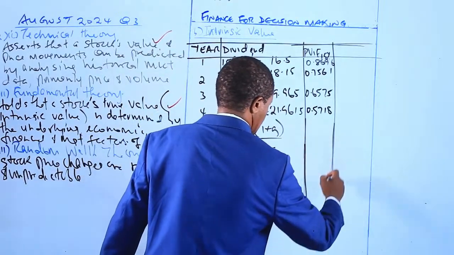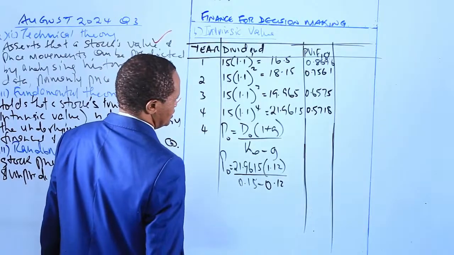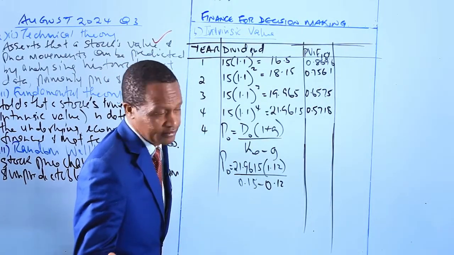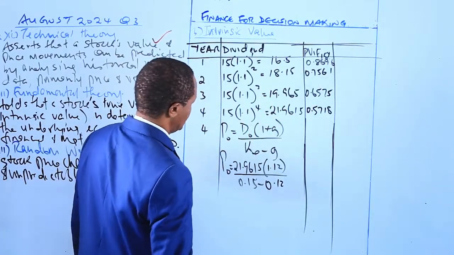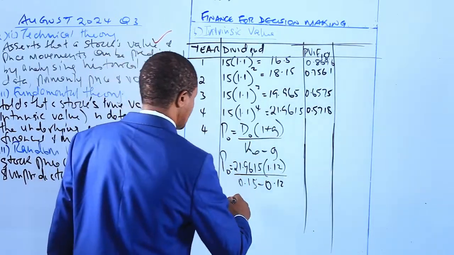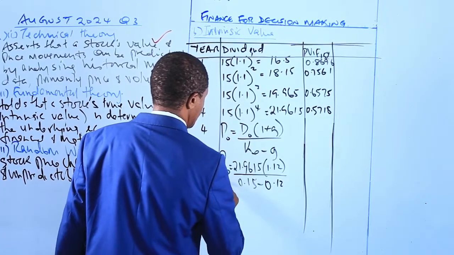Are you following, candidates? Yes. So there are two growth rates: 10% for the first 4 years, and 12% thereafter. That will give us the value of this dividend, P naught.